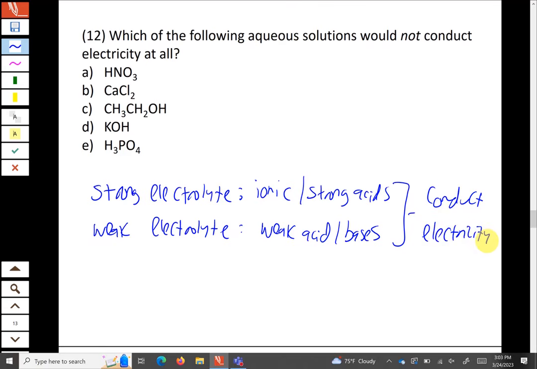Strong electrolyte solutions would typically conduct electricity better than weak electrolyte solutions because they have more ions. Both of them would conduct electricity. The ones that don't conduct electricity are non-electrolyte solutions. And that's going to be when you dissolve a covalent compound in water, one that's not an acid or a base.